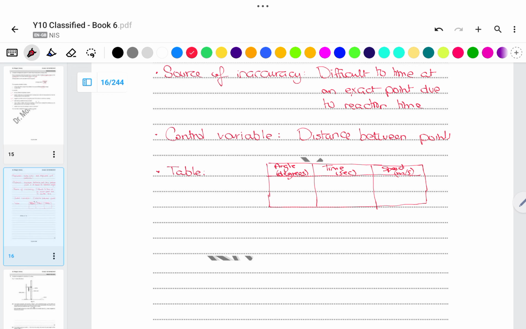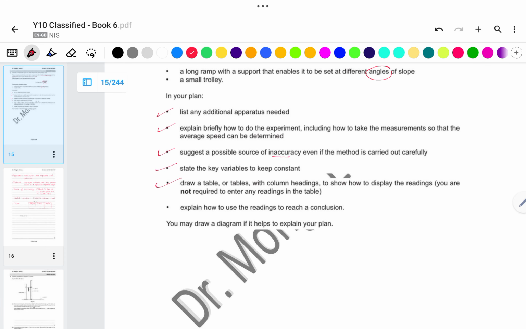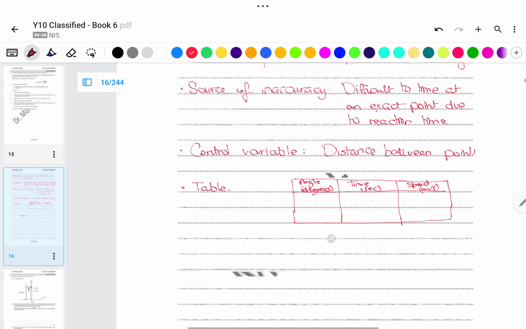Okay, next they're asking us to explain how to use the readings to reach a conclusion. So how am I going to analyze my readings?